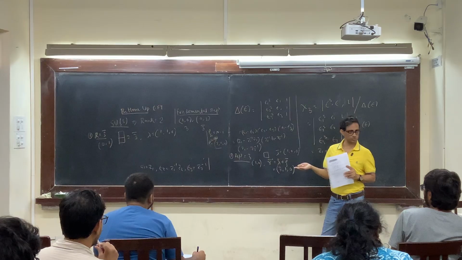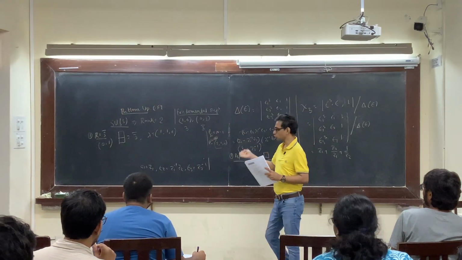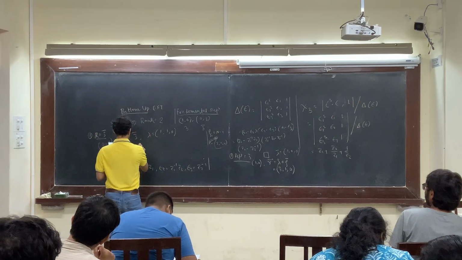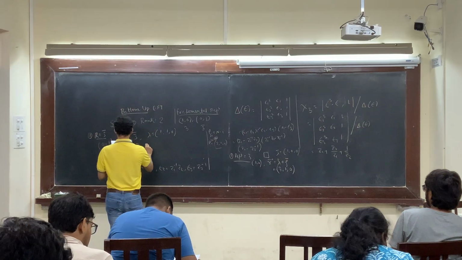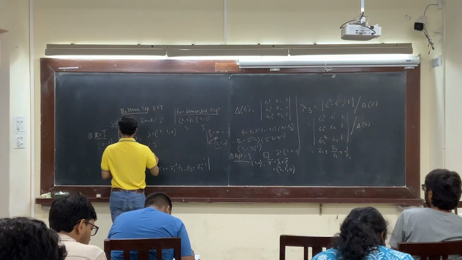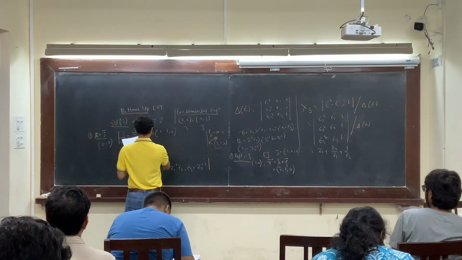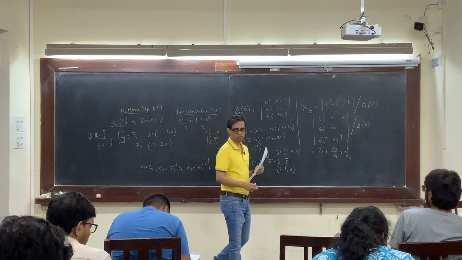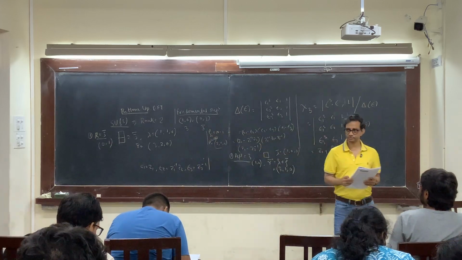Of course, my R is also different, because my rho is the same, right? So then here R is my 3, 2, 0. Okay.